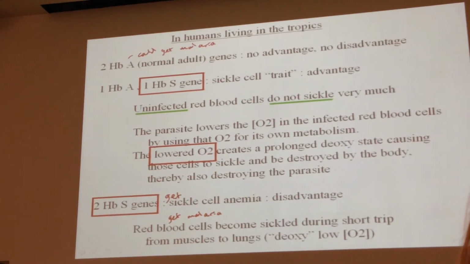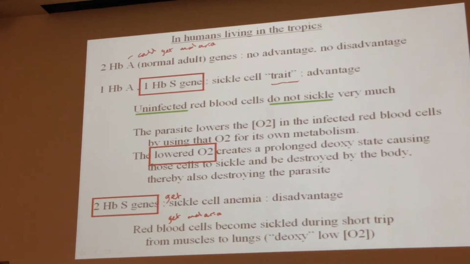Now what happens if you have a human being that has just one copy of the mutant gene? That's called the sickle cell trait. Not the sickle cell disease, but you're carrying one copy of it, so half of your hemoglobin molecules are the mutants and half are the wild type.